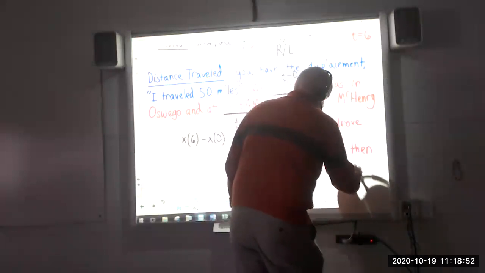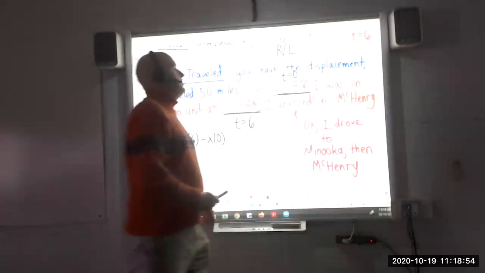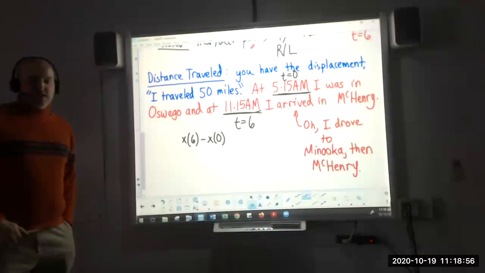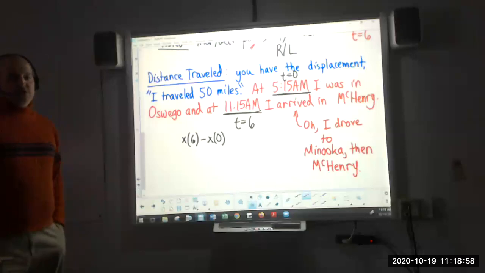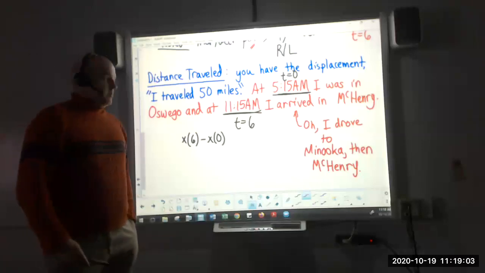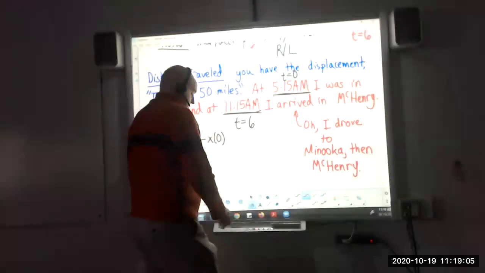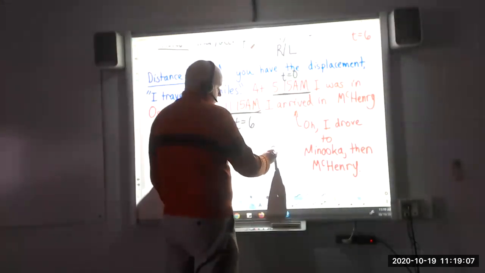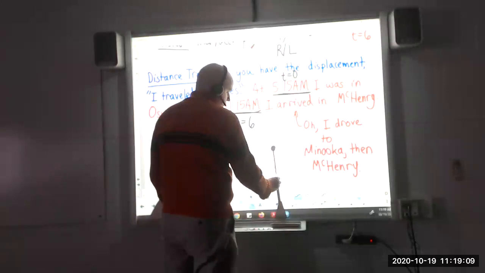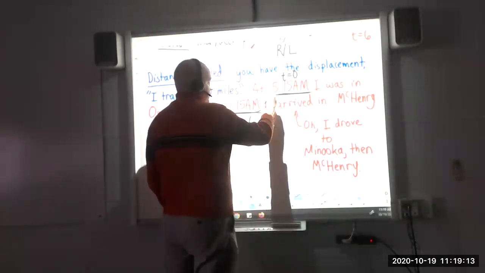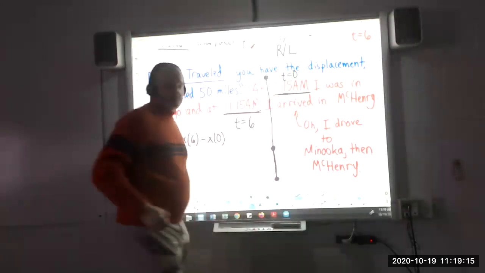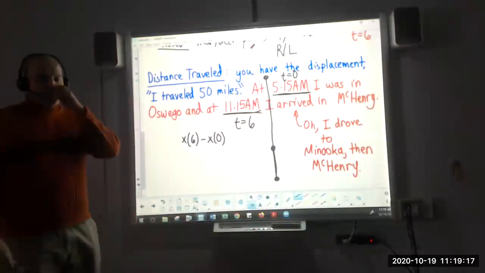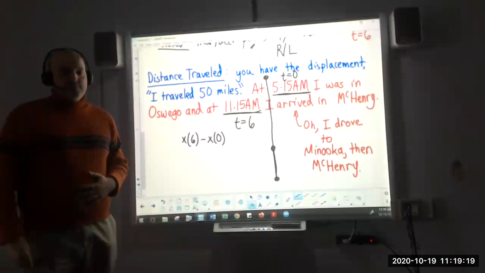I didn't drive right from Oswego to McHenry. I drove to Minooka. Minooka, if you didn't know, is south of Oswego. So I started at Oswego. I drove down here to Minooka, and then I drove back to McHenry. That maps kind of what we came up with, right?